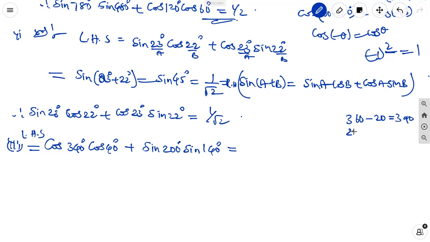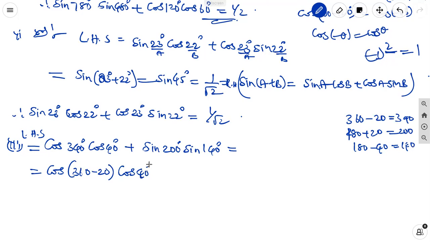And 200 can be written as 180 plus 20. And one more thing, 180 minus 40 equal to 140. So here we can take cos of 340 as cos of 360 minus 20, cos 40 as it is, plus sine of 180 plus 20, sine of 180 minus 40.